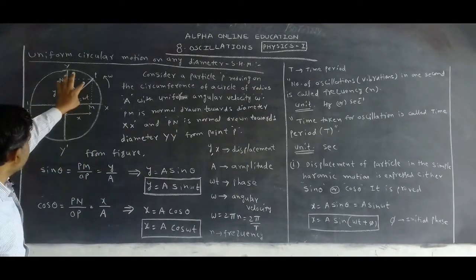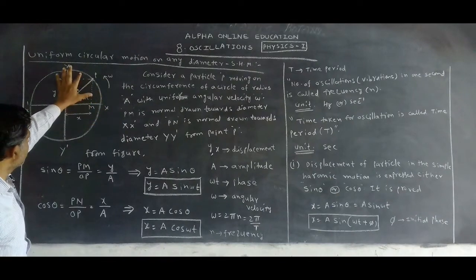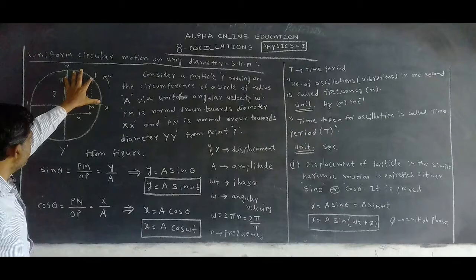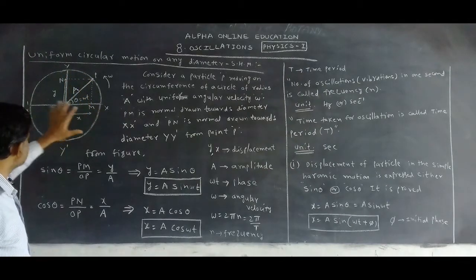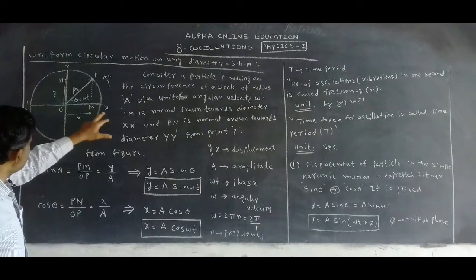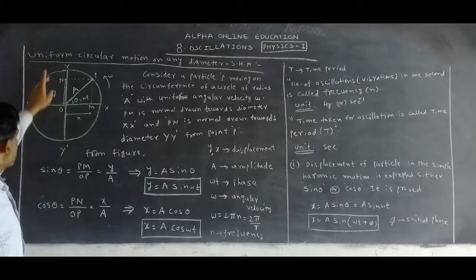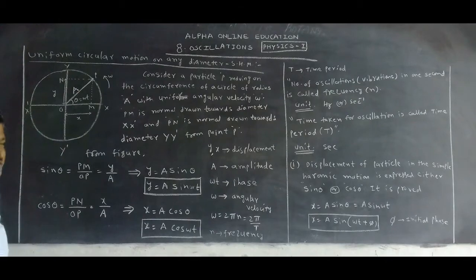Now, this is the particle on the circumference of the circle, the particle is located here. From this point we take one normal towards x dash. What is x dash? Diameter of the circle. Y dash is also a diameter of the circle.